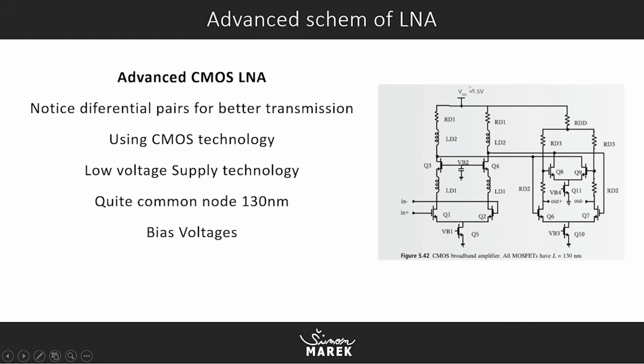You can see it uses quite a low voltage for power supply, and it is in quite a common node, which is 130 nanometers, so it can be manufactured by a lot of foundries and you don't require any very advanced and very special foundry. But on the other hand, it won't run for extremely high frequencies.